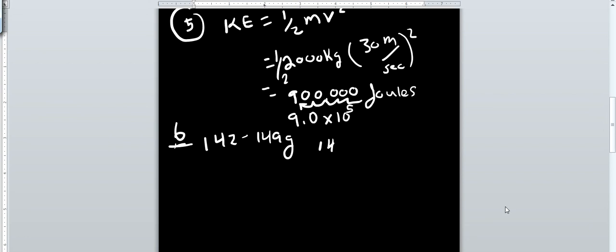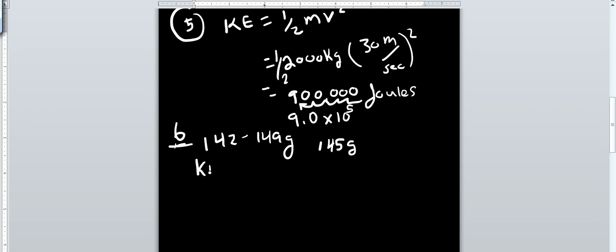145 grams. This is another kinetic energy problem. If the pitcher throws a baseball at 45 miles per hour, what's the kinetic energy of the ball?